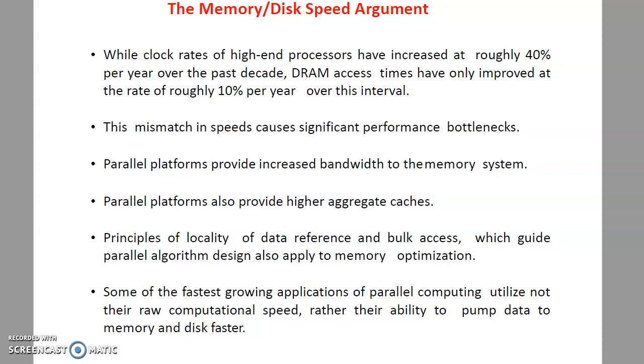The speed of data access and retrieval was faster as compared to serial computers in a parallel computing platform. So you can easily see that not just the computing speed increased, but the memory speed was also more in a parallel computing platform. So that was also a motivation for going towards parallel computing.